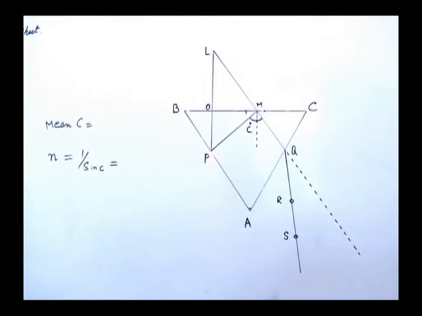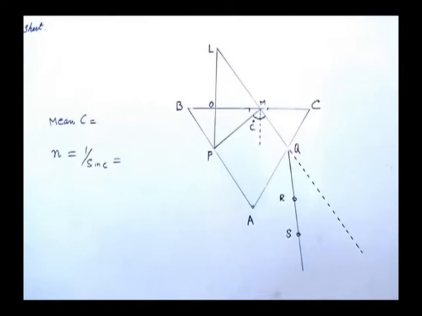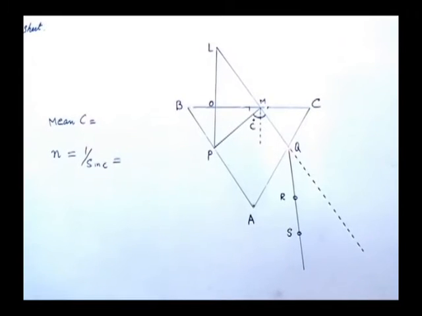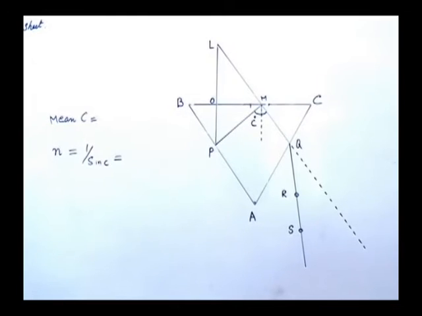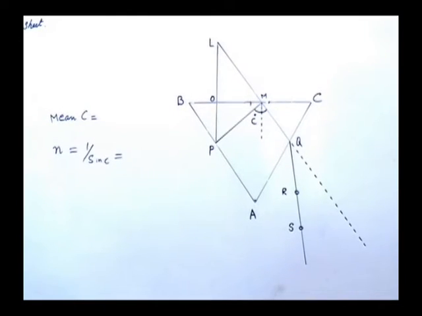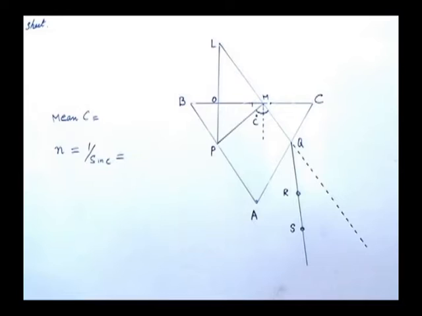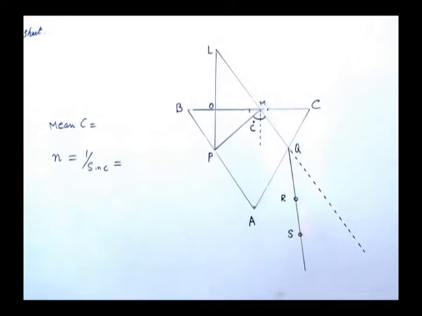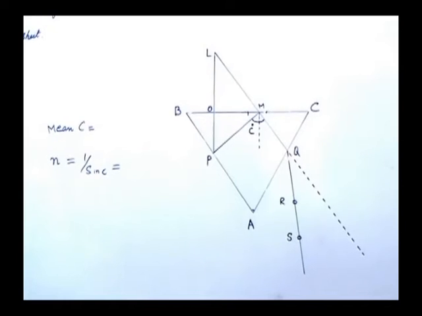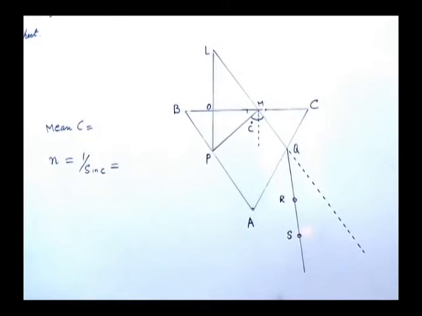The image of pin P is seen from the other side, the face AC, at the point Q. But we move our eye from point C towards A and put two pins R and S in line with the image where the image goes faint.